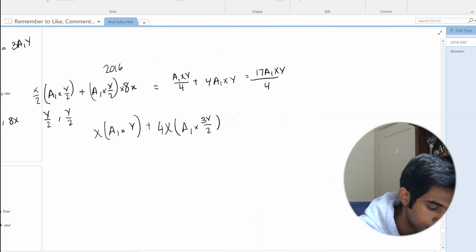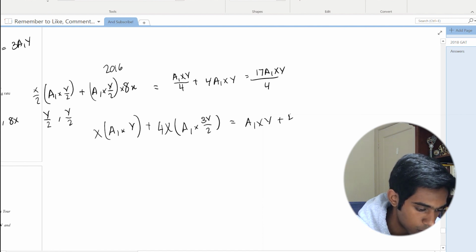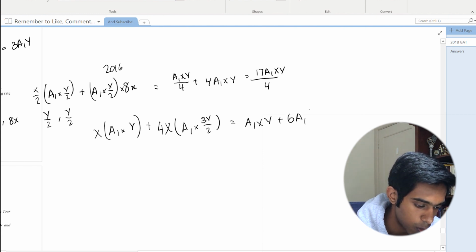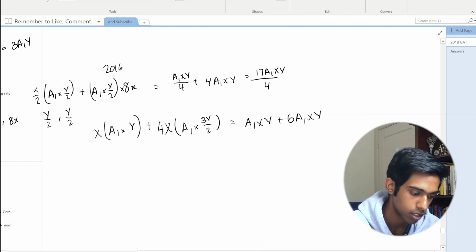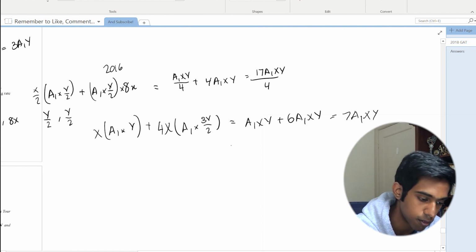And this will give us A1xy plus 6A1xy, and this gives us 7A1xy. And then if we just put this over 4, we can compare the two pretty easily.